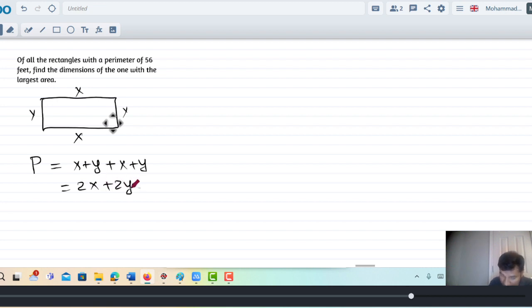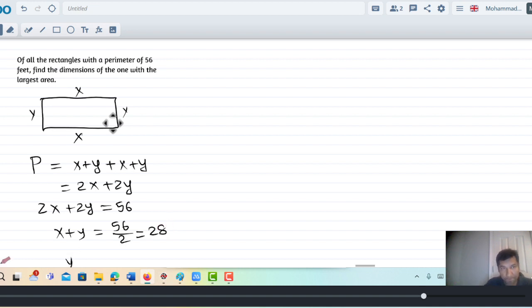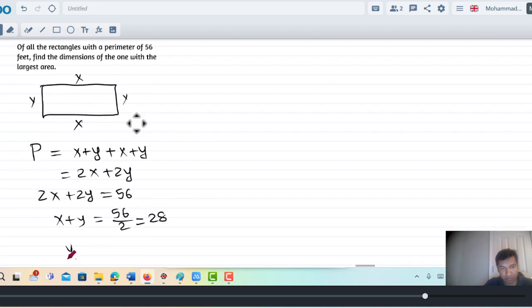Given that the perimeter is 56, 2x plus 2y equals 56. Now solve for y. Dividing by 2, we get x plus y equals 56 over 2, which is 28. So y equals 28 minus x.